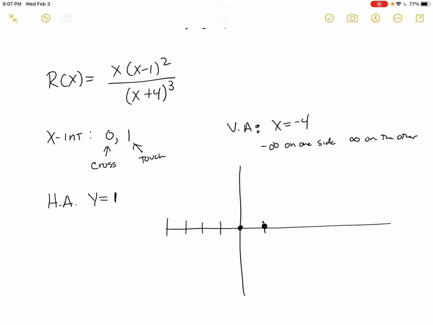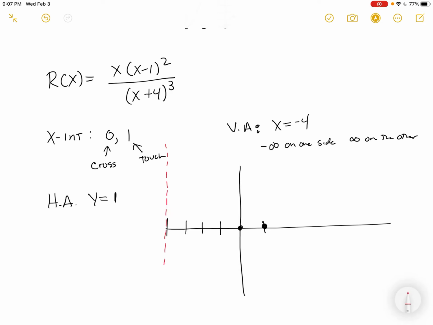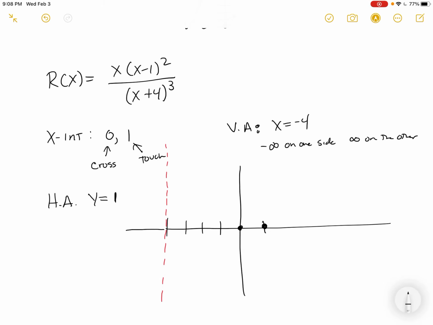Okay, and so we'll come in here. Let me make that red. And we'll come right down here and we'll put a line. And go back to black and we'll extend this one out. Okay, perfect. That's what we know. Awesome. It has a horizontal asymptote of 1.